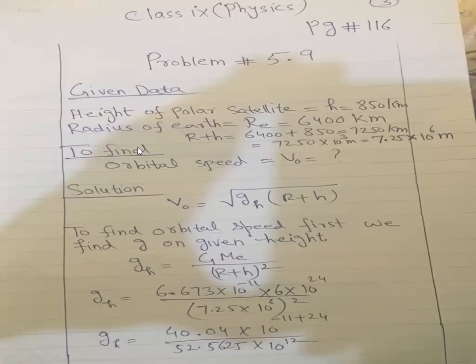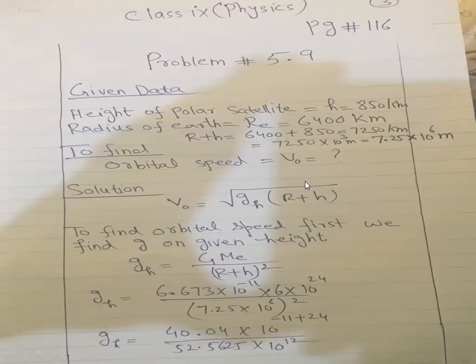And since this polar satellite is above the Earth by 850, we will add R plus H. So 6,400 plus 850, you will get 7,250 kilometers. Kilo means 10 power 3. If you convert this into scientific notation, it is 7.25 into 10 power 6 meter.